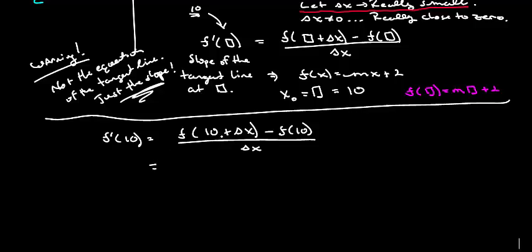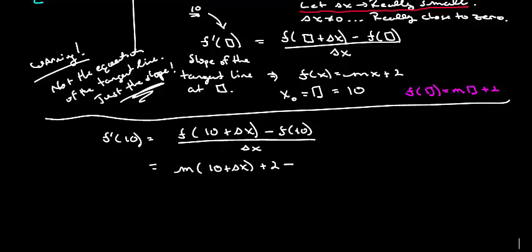So if I plug in 10 plus something into here, it's going to output m times 10 plus something, plus 2. This right here is this up here. You need to understand why that is. If you don't get it, rewind this video and watch it again.